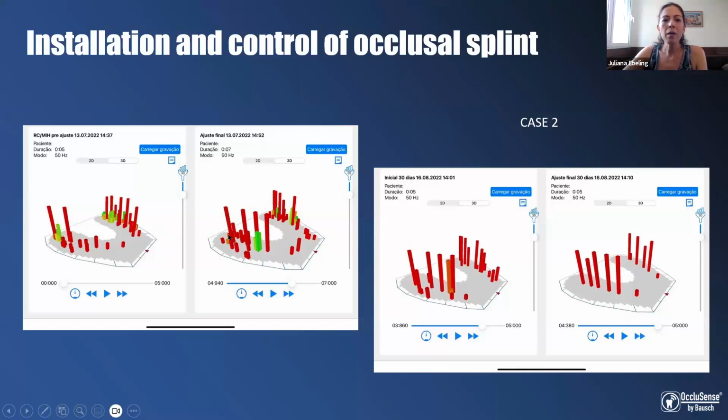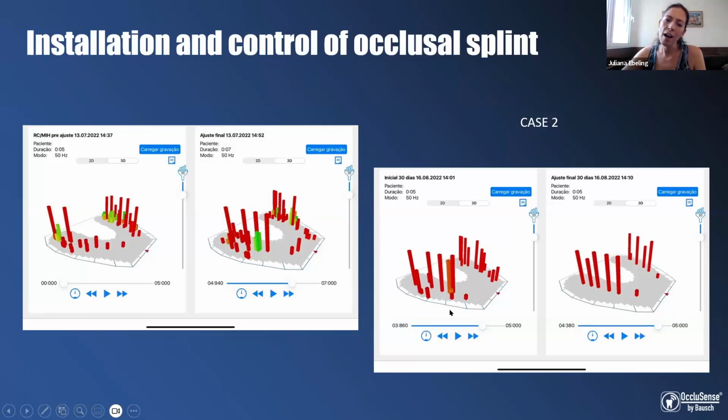And why didn't I clean these other contacts? Because I know that this patient had hyperactive muscle activity, and using this occlusal splint, these muscles would be treated and would return to a better function in some days. And look, this is the same patient with no adjustment, only the change in the muscle activity.